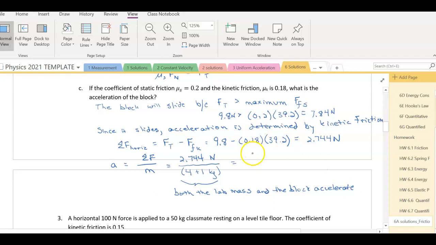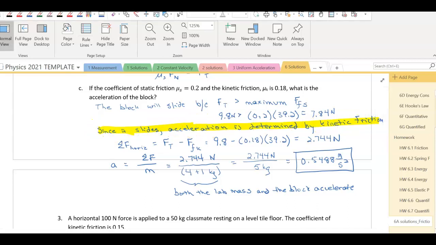So we've got 2.744 newtons divided by 5 kilograms, and so we have an acceleration of 0.5488 meters per second squared. The important thing to remember here is that if it slides, if it moves, acceleration is determined by kinetic friction.